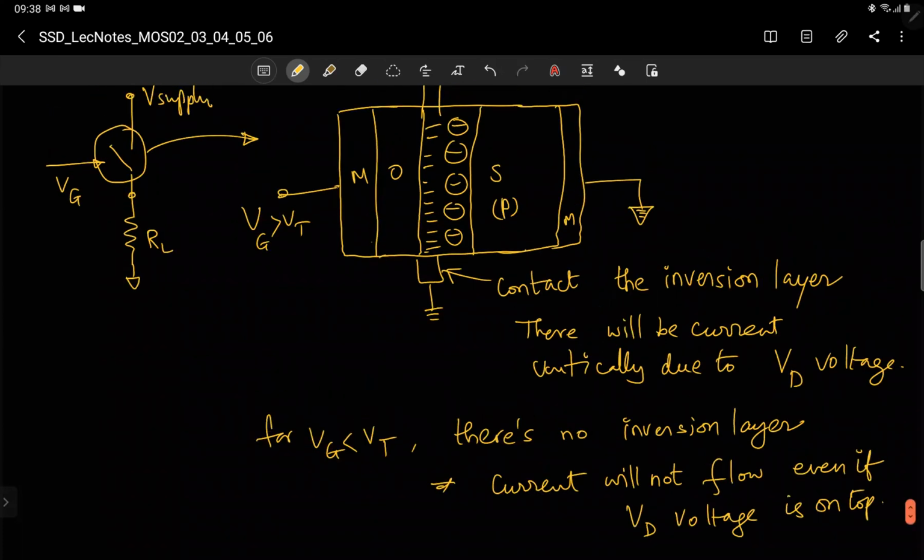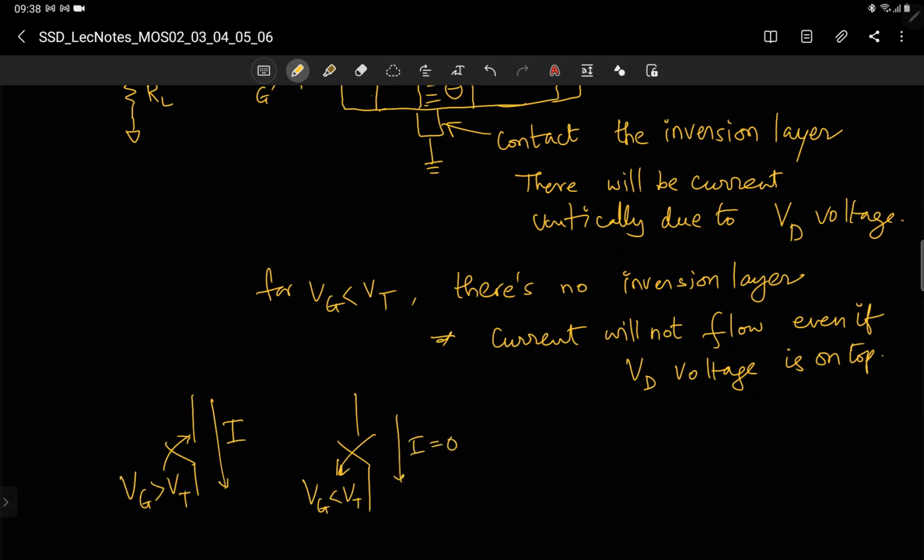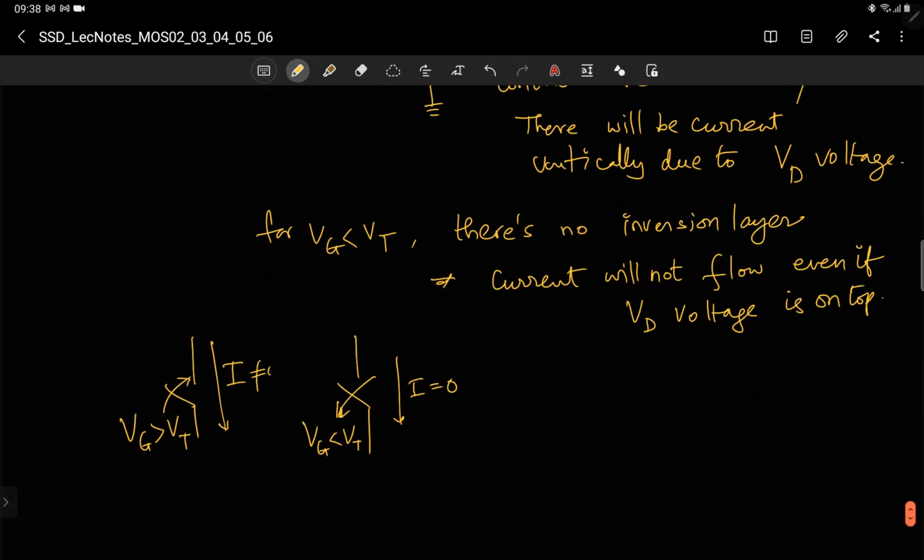So that is how you have a switch. So what is the switch here? We have an electronic switch. It is closing when Vg is greater than Vt, and opening when Vg is less than Vt. So for Vg greater than Vt, there is I, I not equal to 0. For Vg less than Vt, I equals 0. So this is the electronic switch we have.